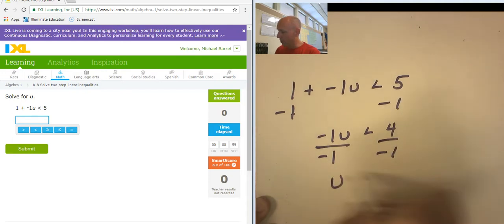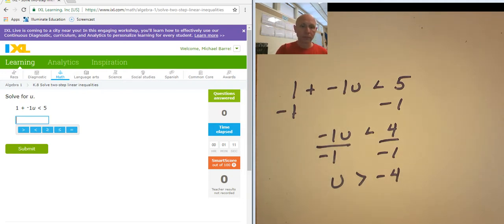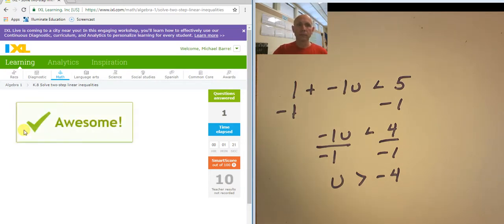So that gives me u is greater than negative 4. Notice that the inequality symbol just flipped. Why? Because I divided both sides by a negative 1. So let's get that in there. So u is greater than negative 4. Awesome.